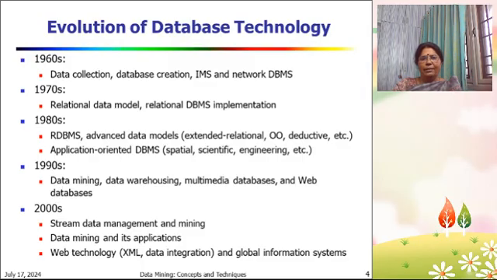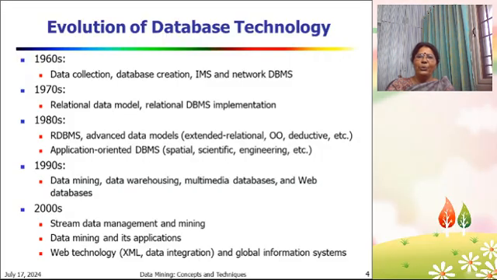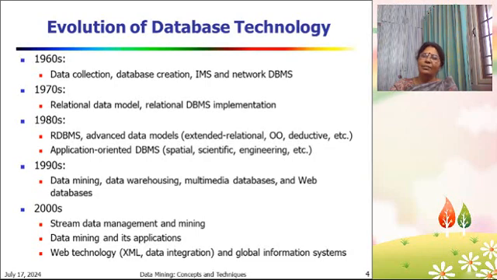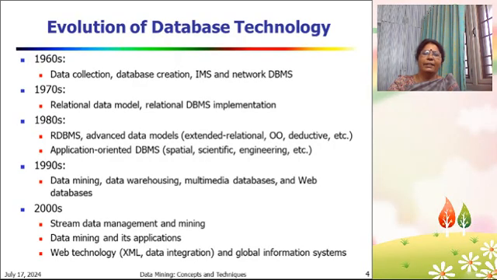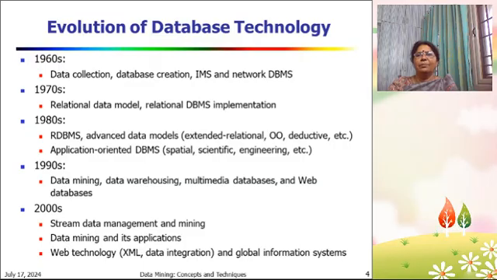If you look at the World Wide Web, there is a lot of data. It's not only text data; we have stream data, sensor data, web data, multimedia, video, and audio data. So there are different types of databases to be dealt with.